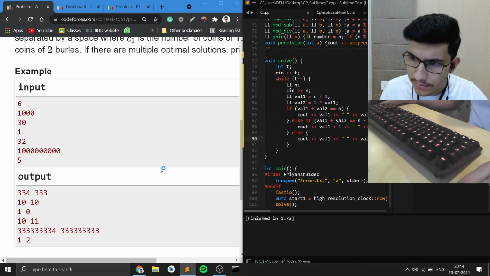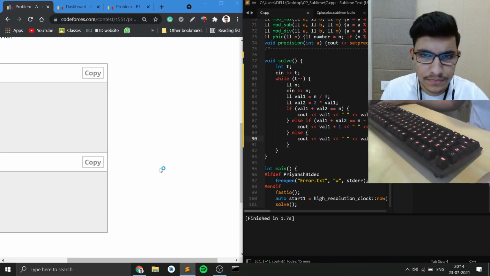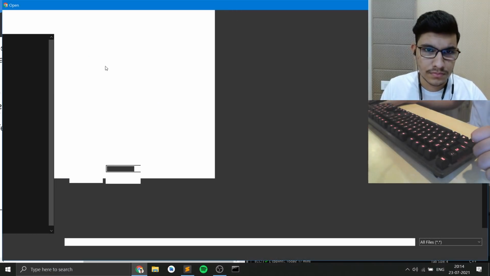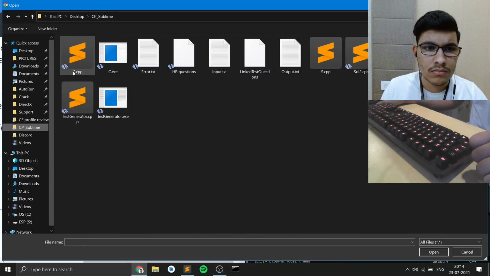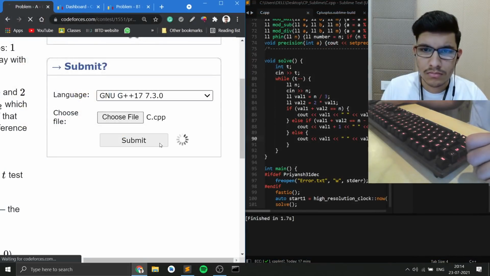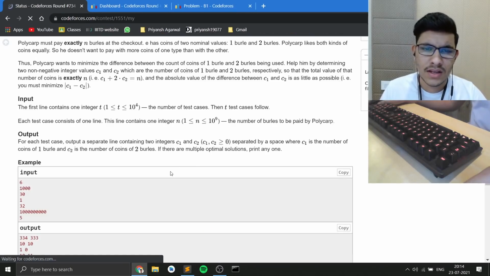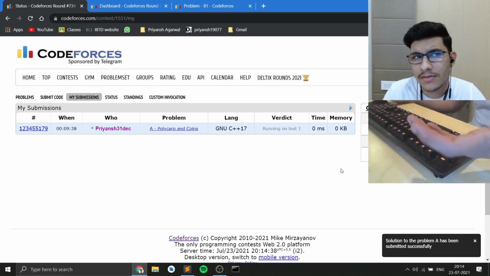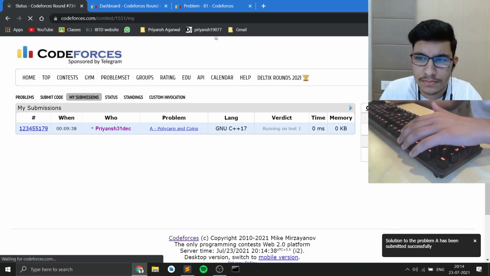This seems fine. Let's just submit this. The idea is basically to divide the number by 3, then the remainder can be 1 or 2. If the remainder is 1, you shift it to the very first number. If the remainder is 2, you shift it to the second number.